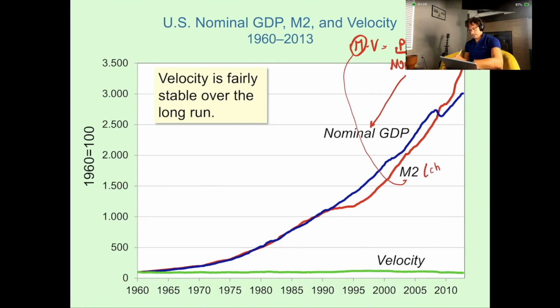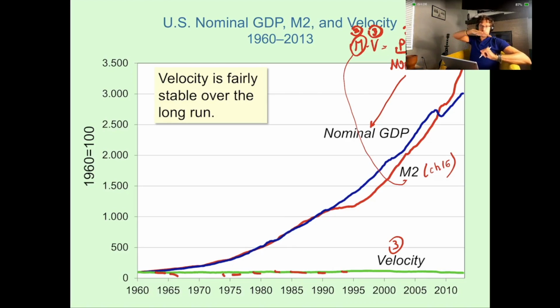Look in chapter 16 at the definition of M2. And then I want to plot the last quantity, which is the velocity. As you can see, velocity, which is the green line here, is pretty stable over time.